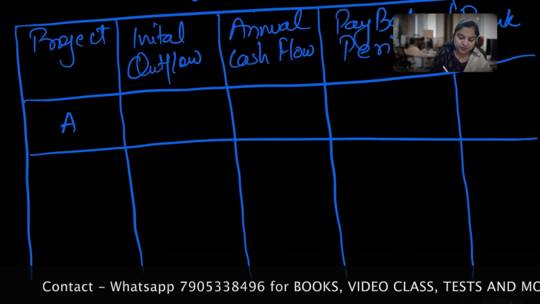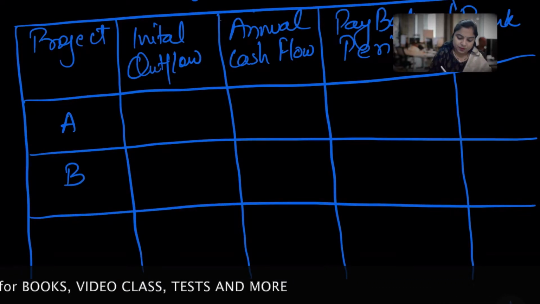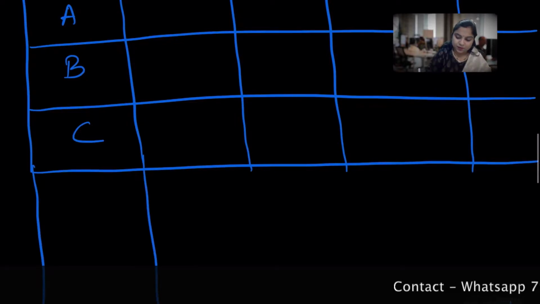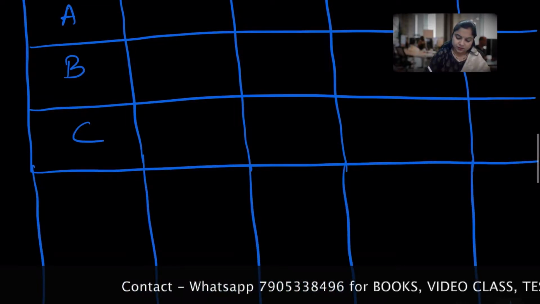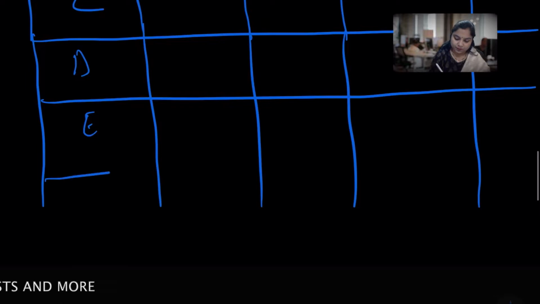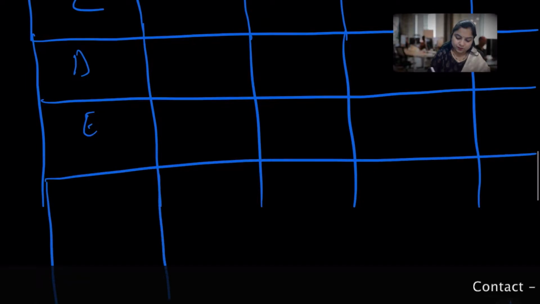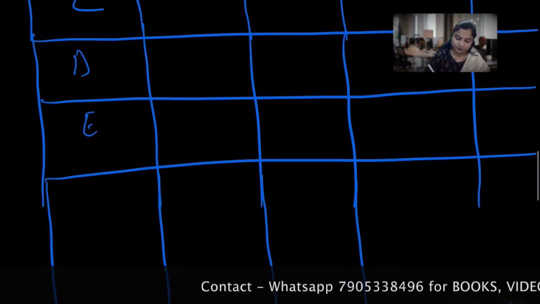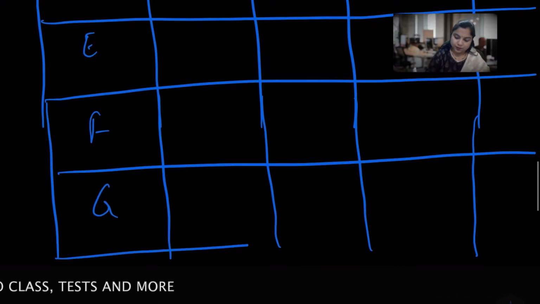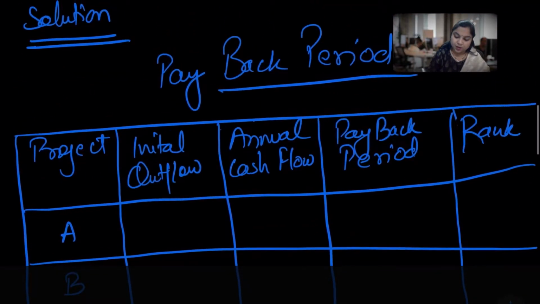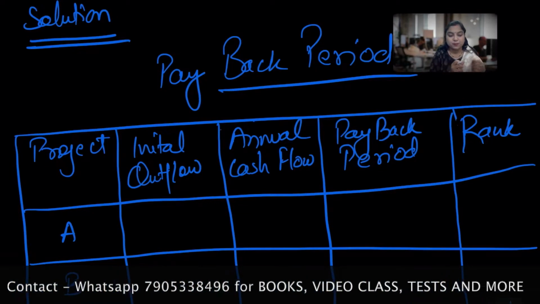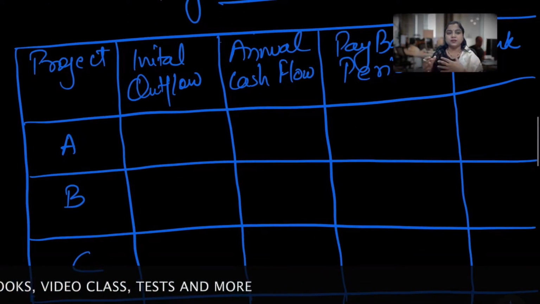So we have a project A, B, C, D, E, F, and the last one is G. We will do different types of advanced questions on capital budgeting, but it is very important. I'm taking you from the basics and slowly we'll solve the more difficult questions.